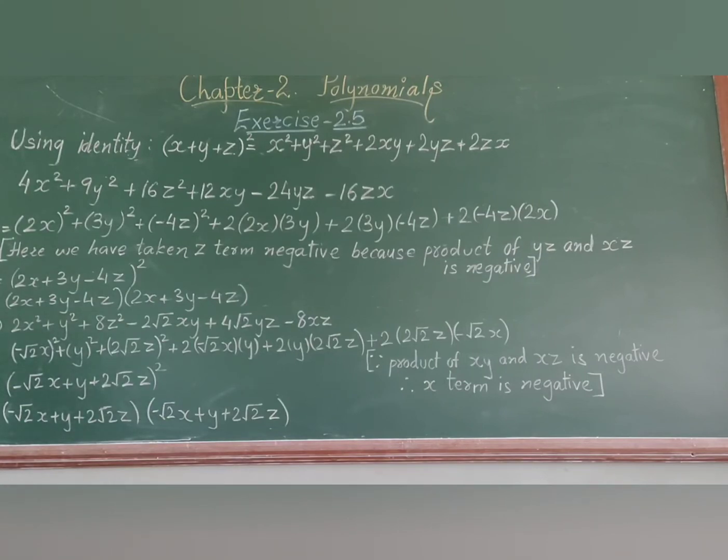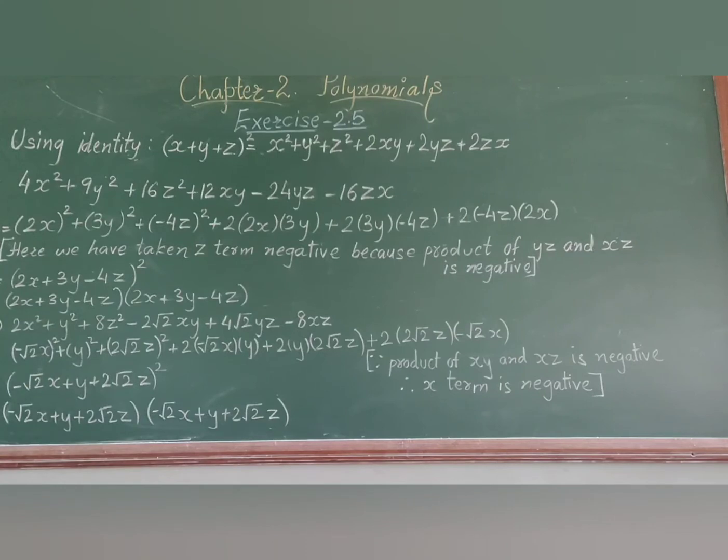This is because, from the three given terms x, y, z, any one, any two, or all three may be negative. But the square of a negative is always positive, so the first three terms, which are the squares of the respective terms of the polynomial, will always be positive.